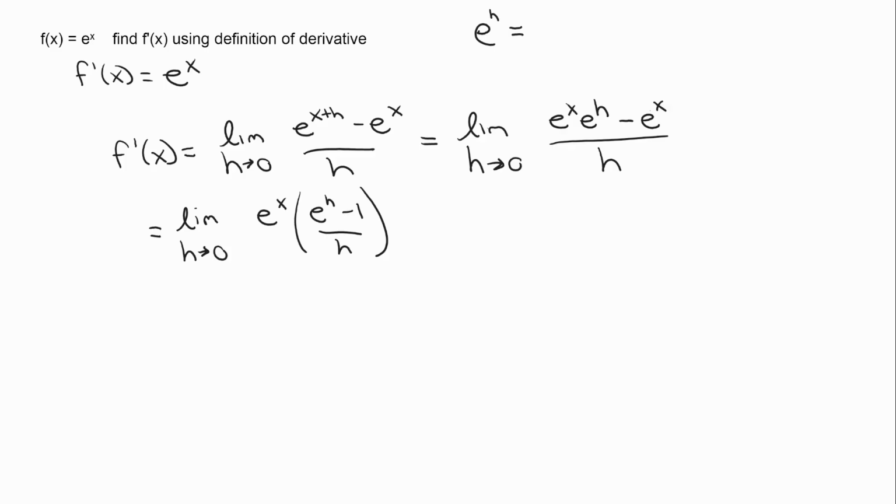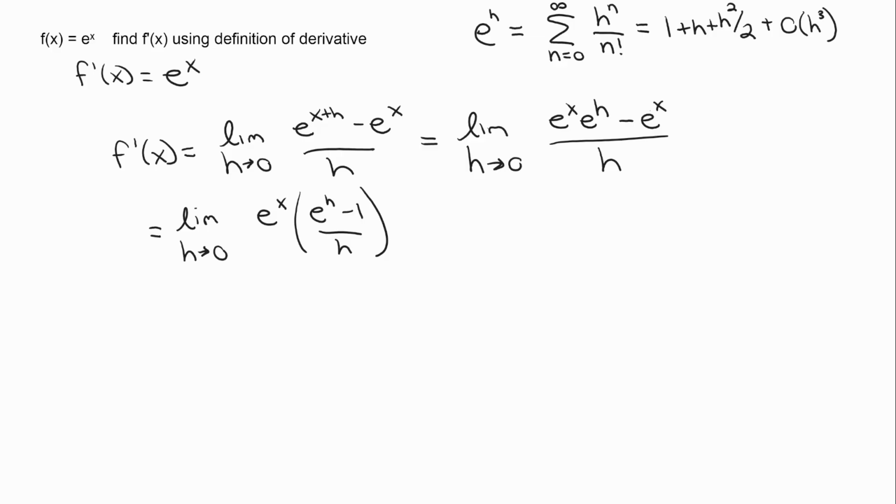But e to the h is also the sum of this specific set of functions. It's the sum of the specific basis functions here, h to the n divided by n factorial. So it's really the same thing as saying 1 plus h plus h squared all over 2 plus any term that has higher powers of h, higher than 3.